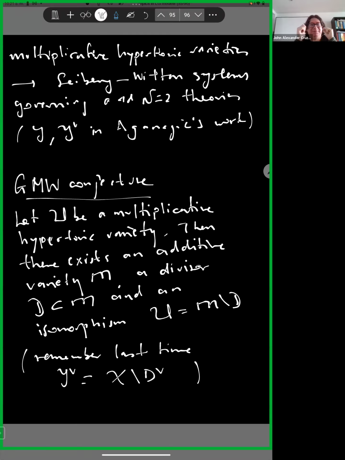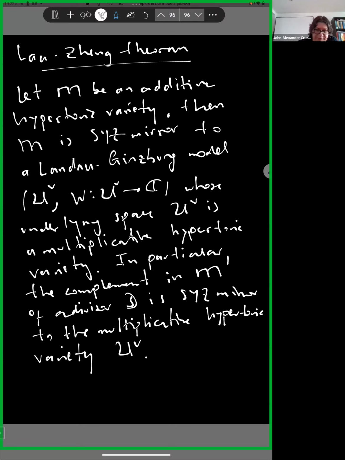So in a certain sense, it's kind of self-mirror, right? So we get this thing, and then we construct the Landau-Ginzburg model, adding in the divisors in order to get the potential, right?